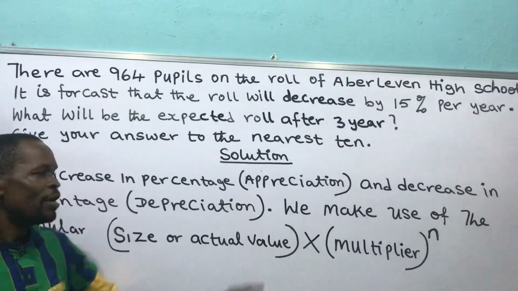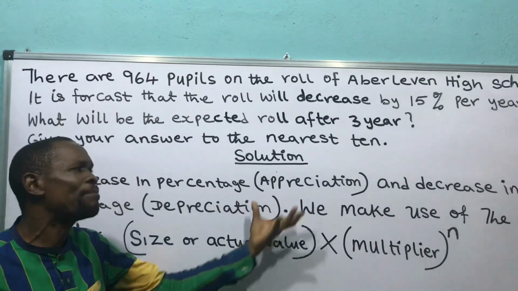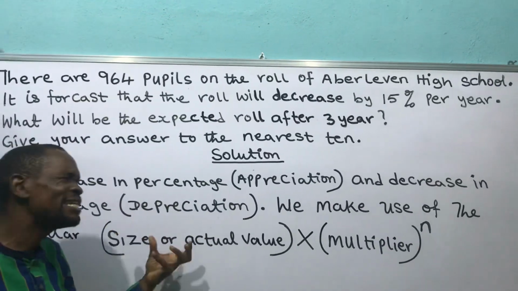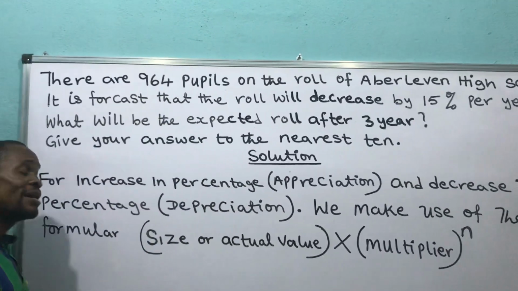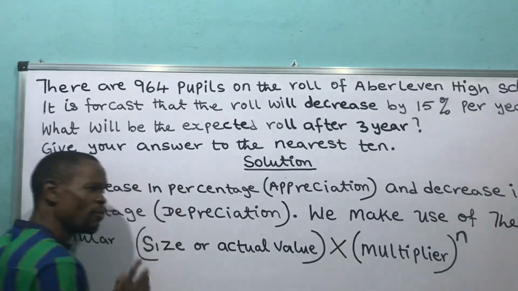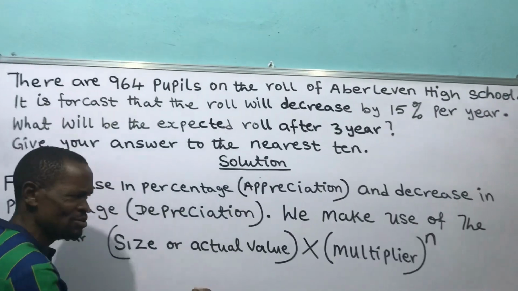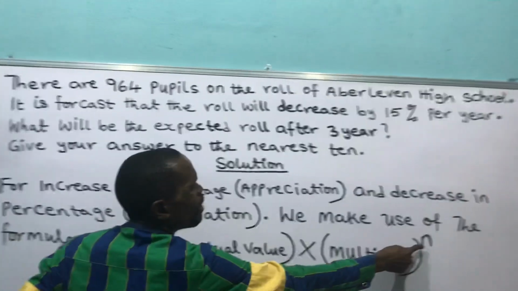Whenever we have appreciation or depreciation, we make use of a formula: the actual value multiplied by the multiplier raised to power n.